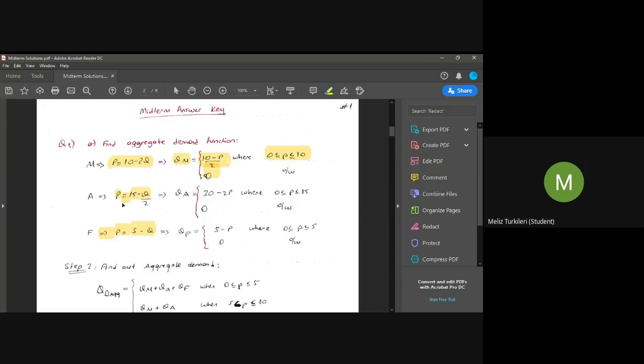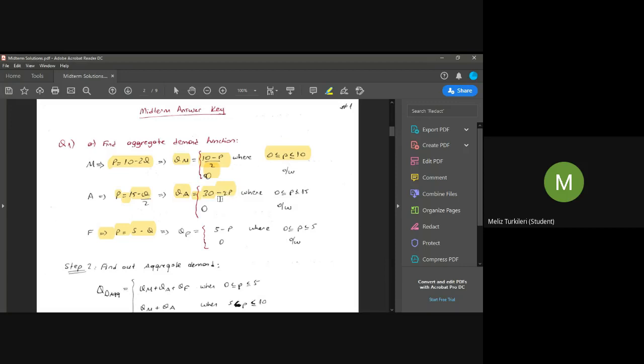And let's check the second consumer. We know that this is the inverse demand function of the second consumer. Again, we need to find the demand equation for the second consumer. And this part is the demand equation. What I did, I just did simple math and left this part alone, and then I found this equation.